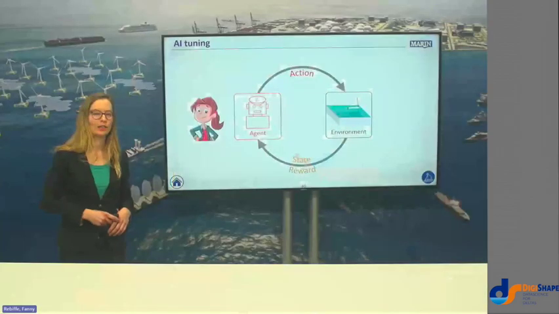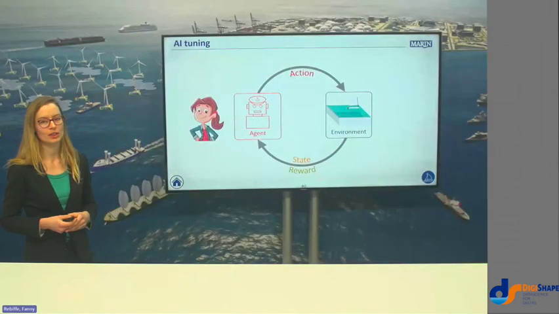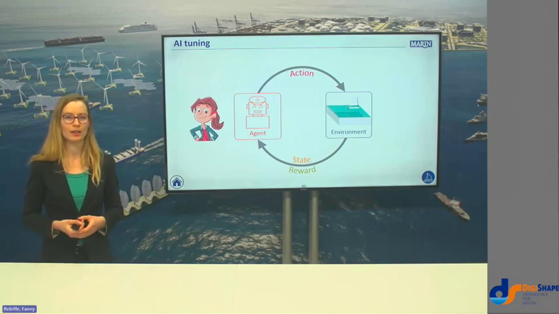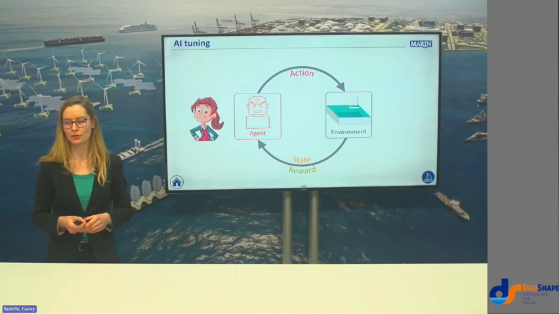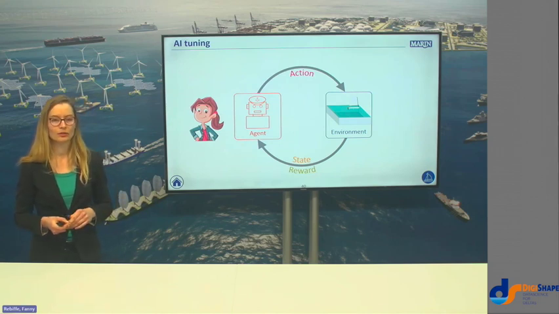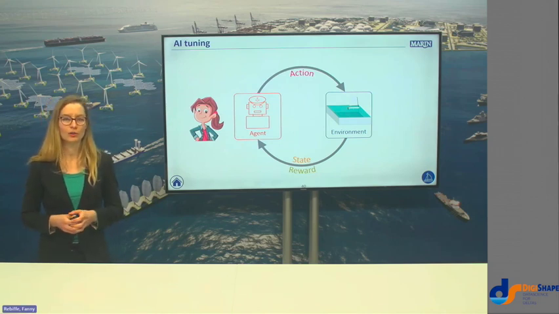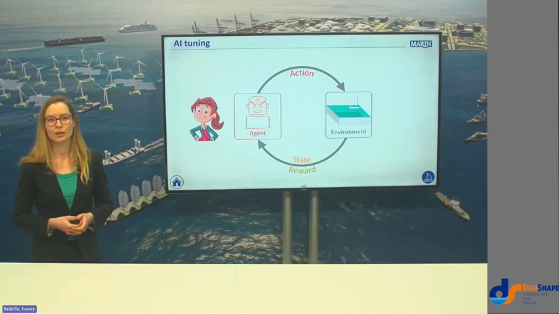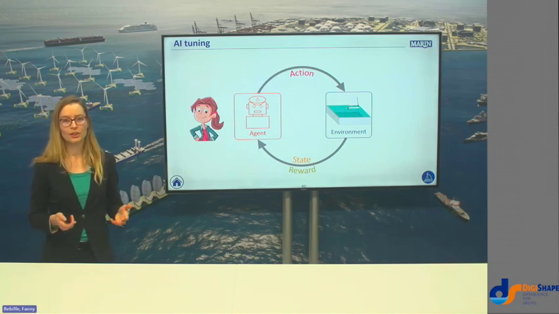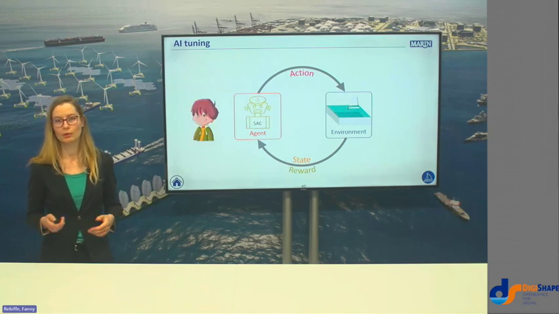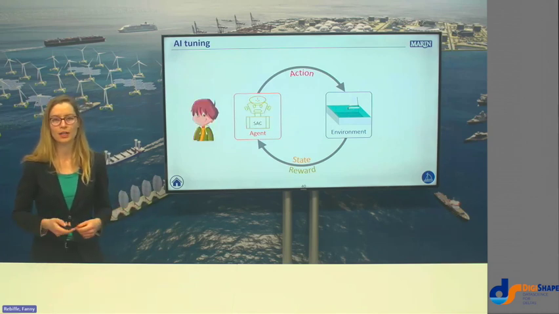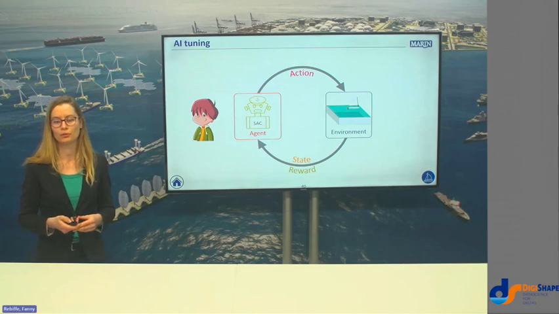Now let's go back to the schema to see what data scientists face as a challenge when training an agent. If we go back to the example of kids learning how to sail, different kids will have different ways to learn, and it's the same with reinforcement learning. There are different agents and they will have different ways to learn.